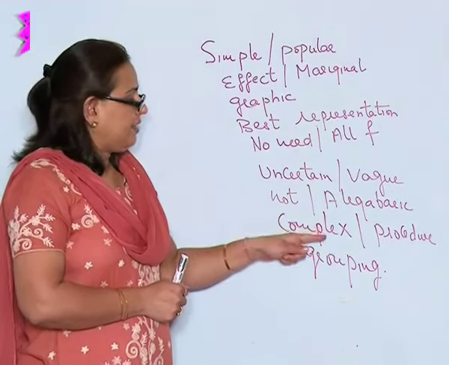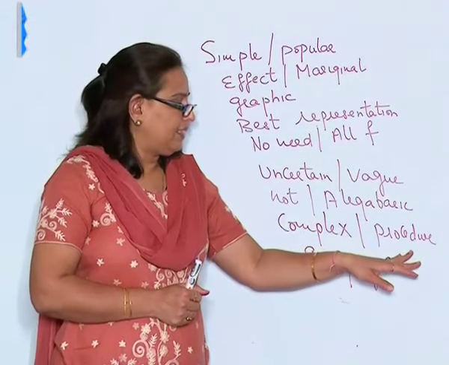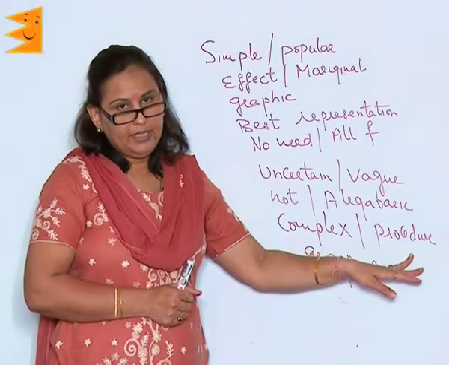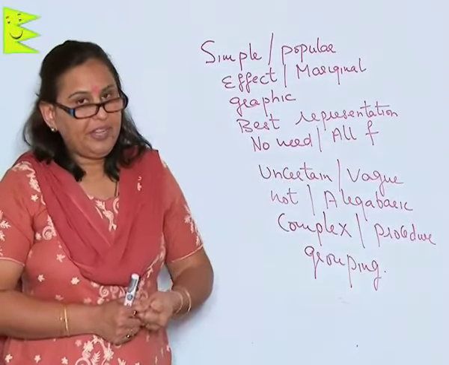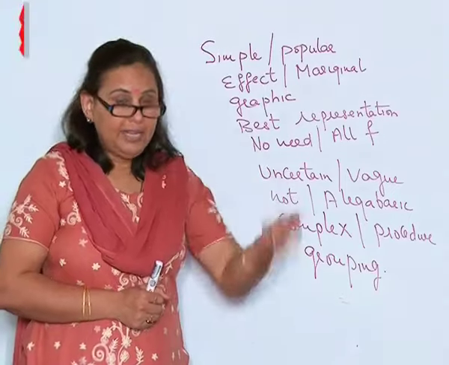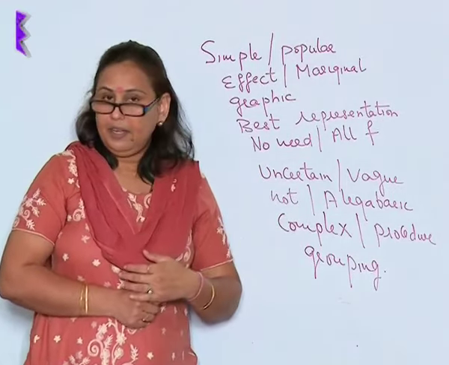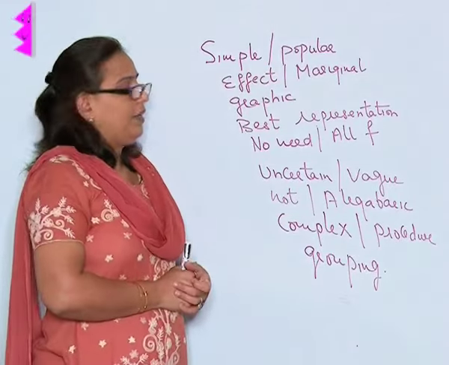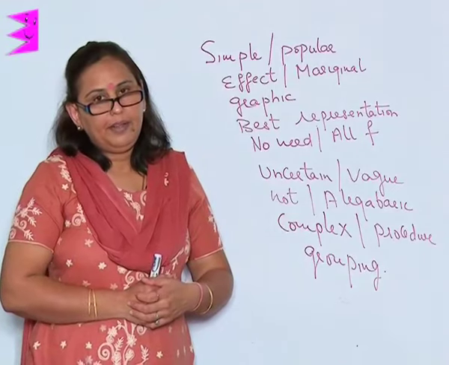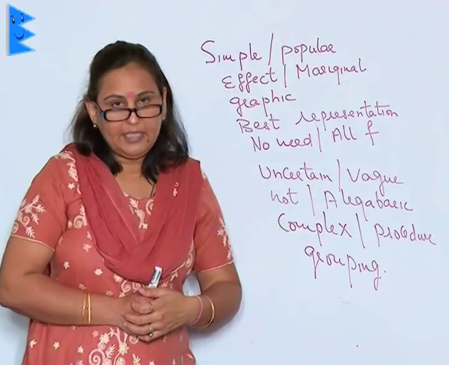This method is also very complex as far as the procedure of grouping is concerned. Just because a number or a frequency exists many times or more times than the other frequencies, it cannot be the central tendency.